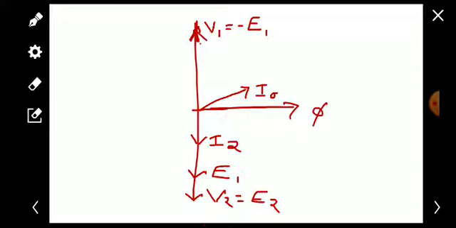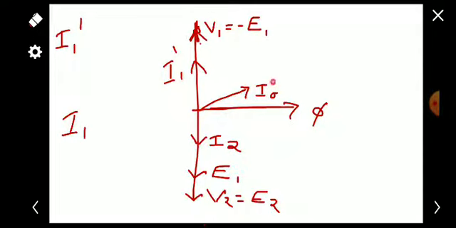And we know that the additional current I1 dash is in exact phase opposition with I2. So we can draw that I1 dash here. And the primary current I1 will be the vector sum of this I0 and I1 dash.